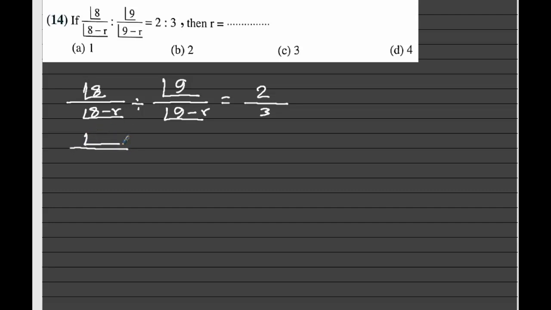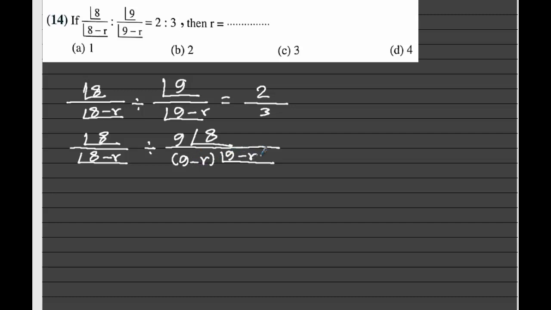It will be factorial 8 over factorial 8 minus r, divided by factorial 9, which is 9 multiply factorial 8, over 9 minus r multiply factorial 9 minus r minus 1, equals 2 over 3.